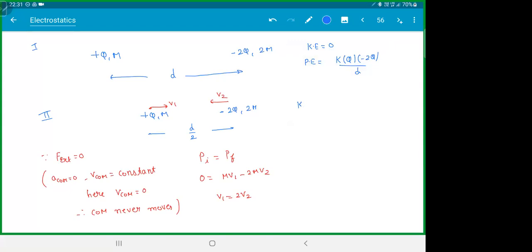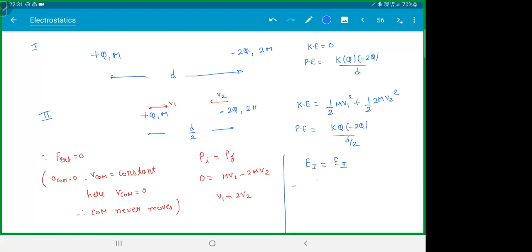What is the kinetic energy here? Half mv1 square plus half 2mv2 square. What is the potential energy? kq into minus 2q, distance has become d by 2. There. Since work done by external force is 0, energy is conserved. Initial energy is equal to final energy.